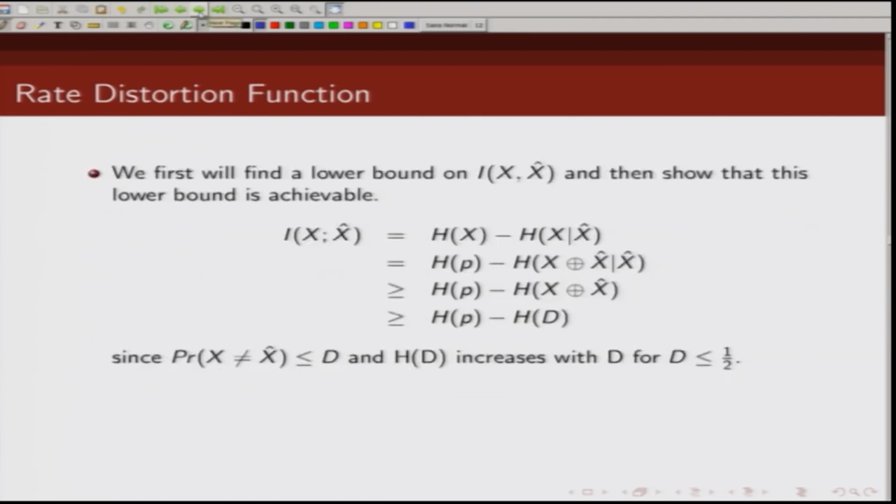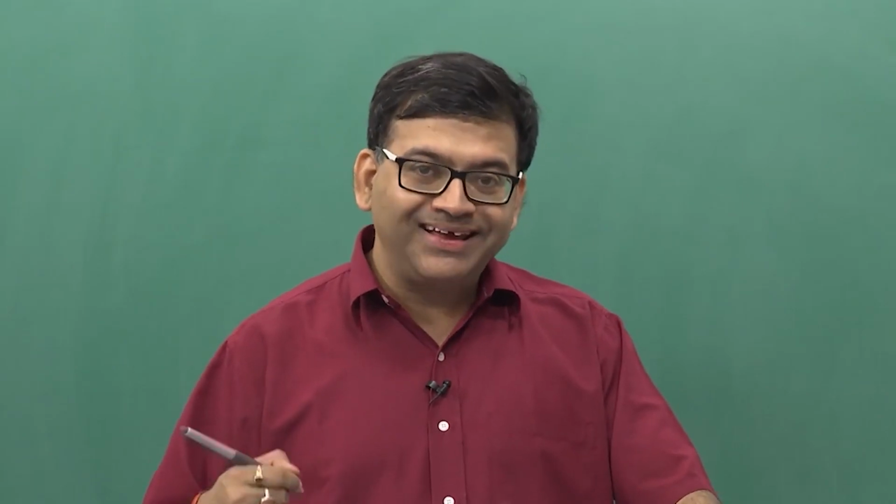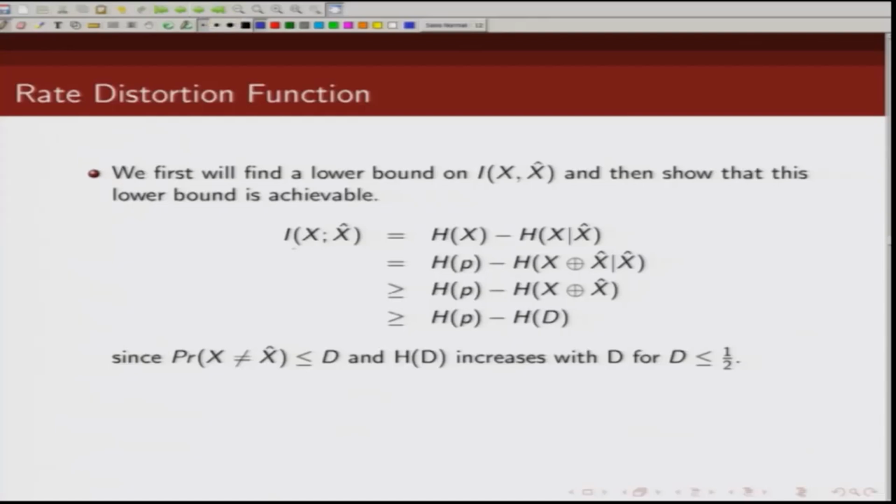Now again here, to compute the rate distortion function, we will first put a lower bound on the mutual information between x and x hat, and then we will show that this lower bound is achievable. So let us compute this mutual information between x and x hat.